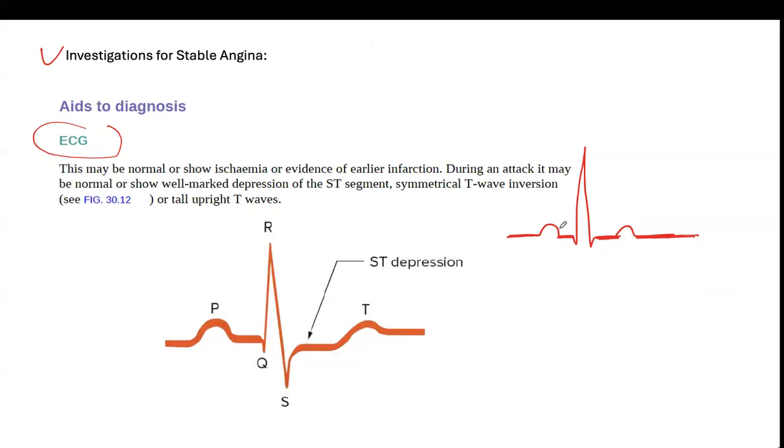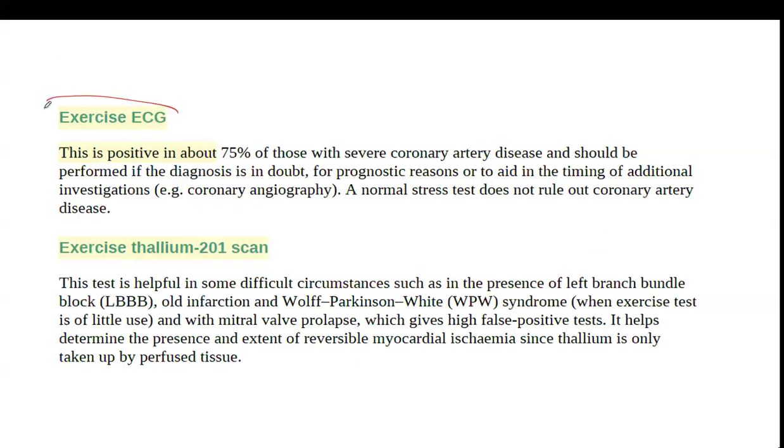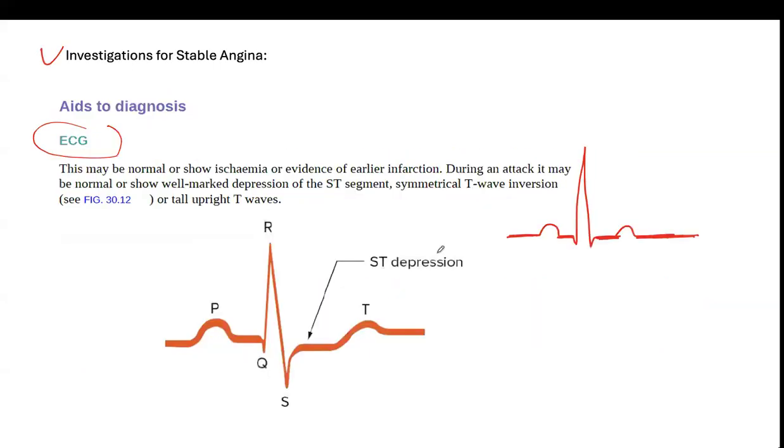But you are suspicious that, well, this patient might have something wrong. This patient might have angina. So what you do? You send the patient for exercise ECG or a stress test. So in the stress test, patient need to run on a treadmill. And when they run on a treadmill, you are putting the patient on exertion. And then you look for any ECG changes. What kind of ECG changes you are looking for? You're looking for whether there is any ST depression.